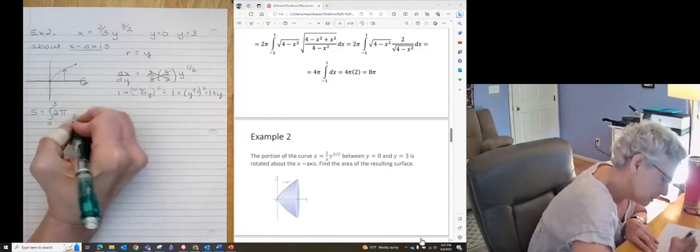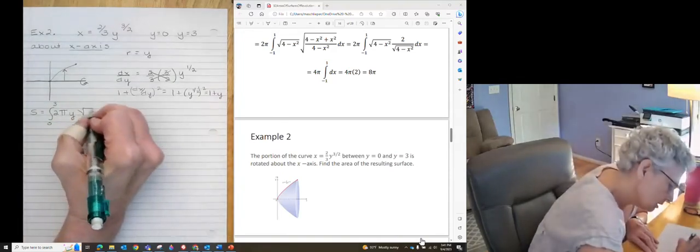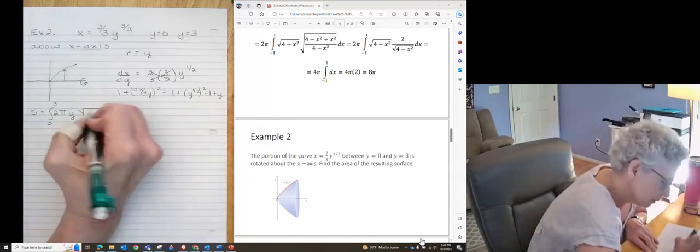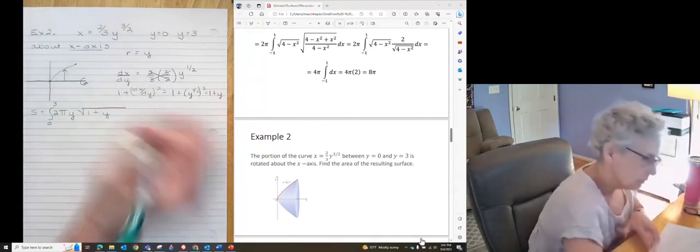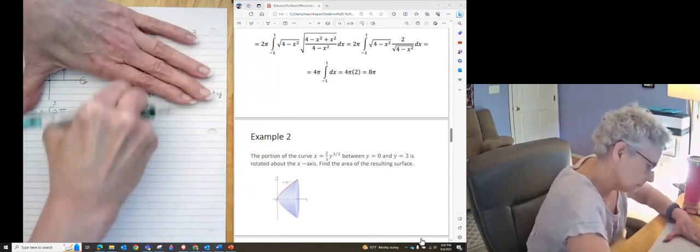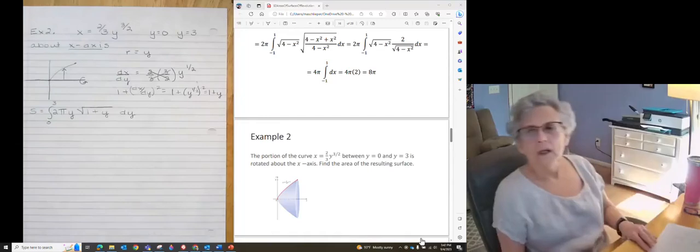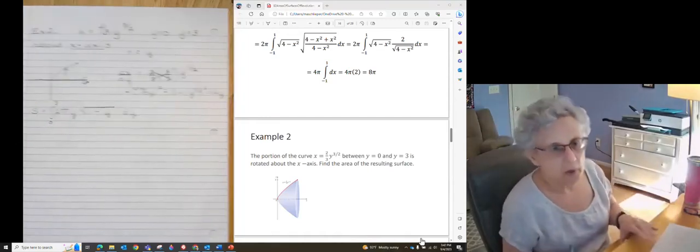2 pi times the radius, which is y, times the arc length, which is square root of 1 plus y. You could do some integration by parts.